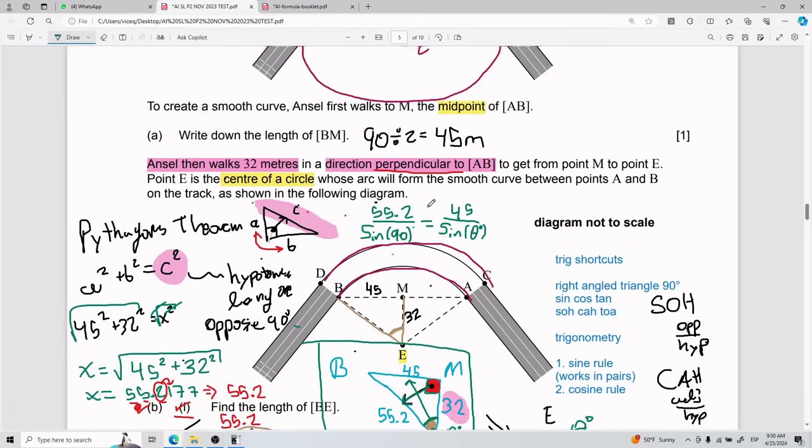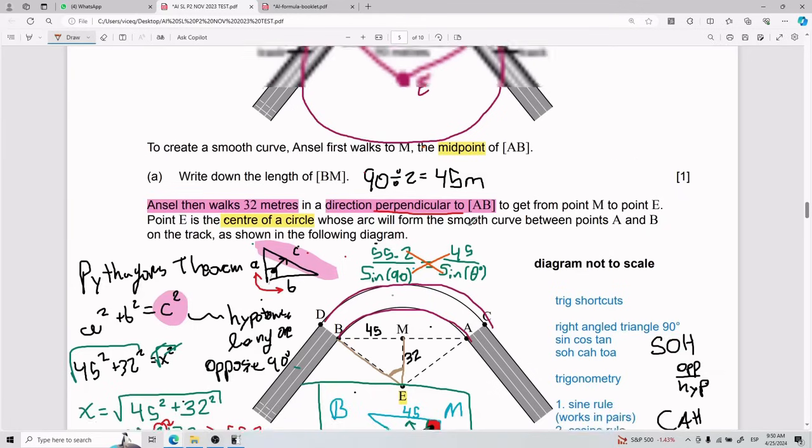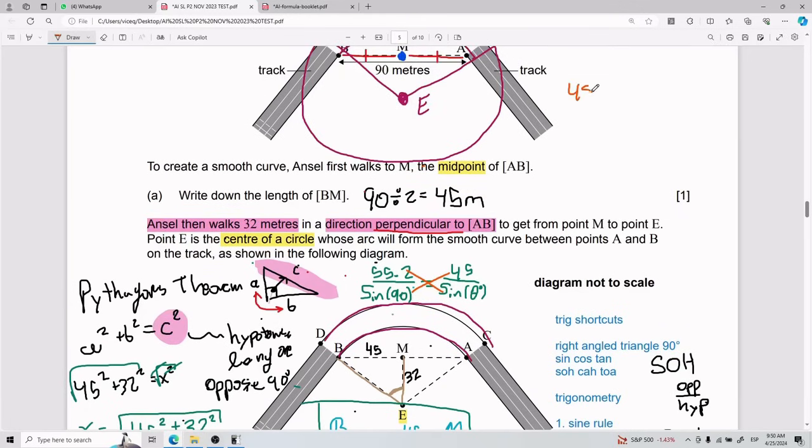And so from here, well, how do you solve it? You end up doing cross multiplication whenever you have two fractions equaling each other. So you end up with 45 times sine 90 equals 55.2 times sine theta. Okay? And so from here, in order to get sine theta alone, you can divide by 55.2, divide by 55.2.